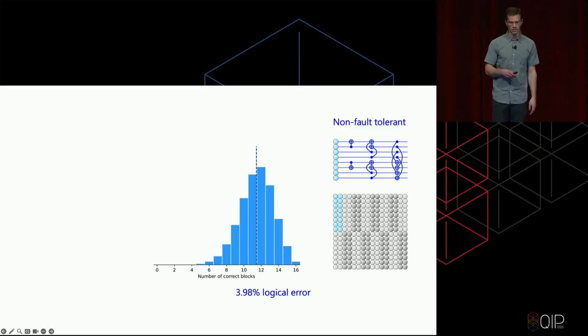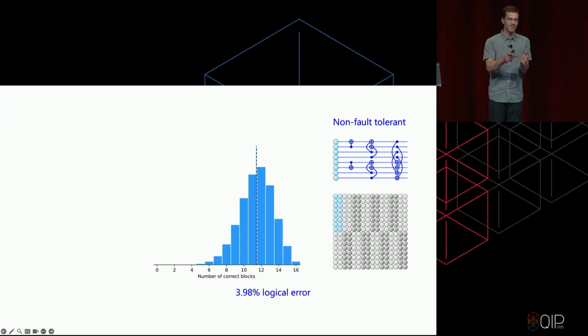So on average, it looks like you get around 11 code blocks correct, which, you know, if you're a marketing guy, you could say that means I have 11 code blocks. Each code block has 6 logical qubits, so that's 66 logical qubits. That's not right at all, because really you have 16 code blocks, so you have 96 logical qubits.